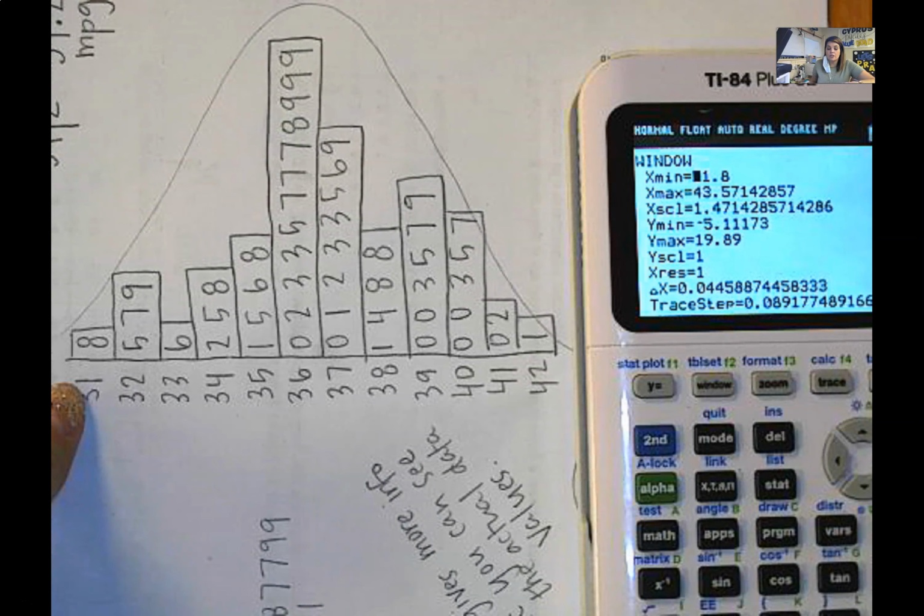By the time your list is done, you should have 50 numbers in your list. You should go into your stat, hit 1 for edit, and then choose a list to enter these values into. If you need to clear out a list, you highlight the list number, hit clear, and enter. Never hit delete. Okay, now pause and enter in those values.